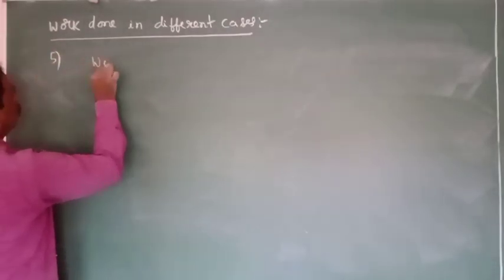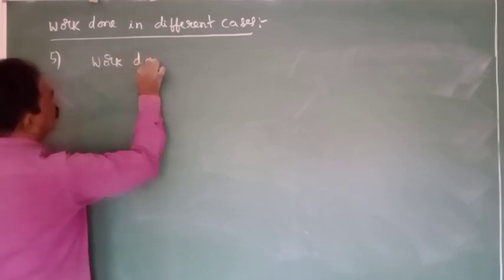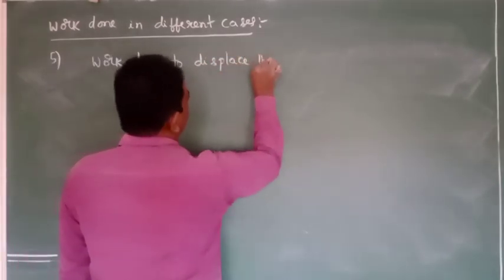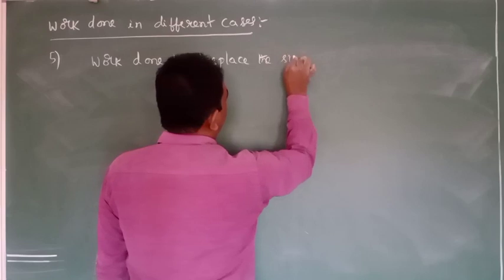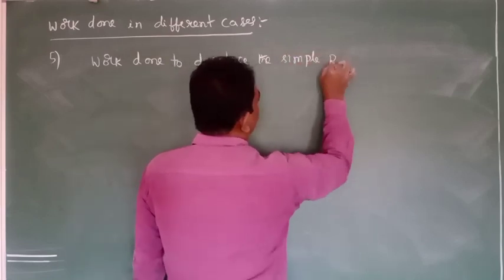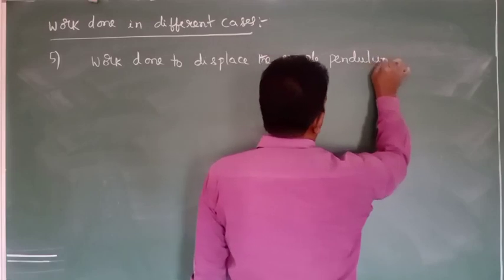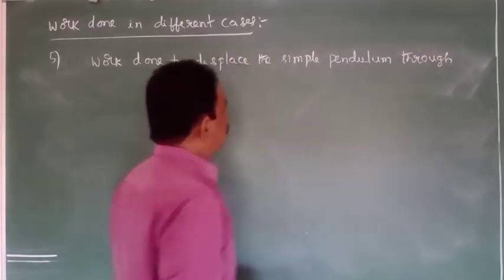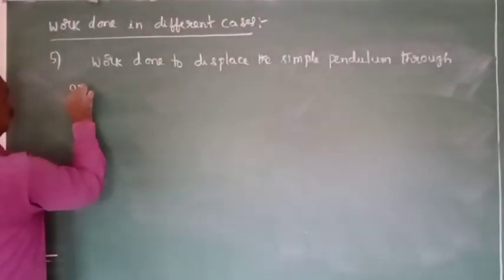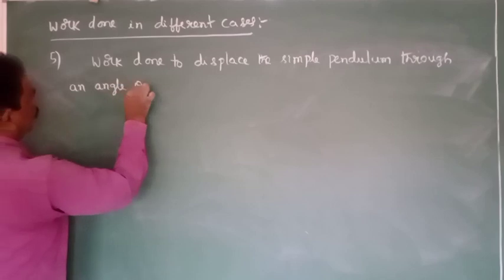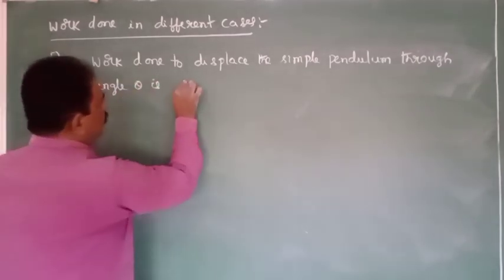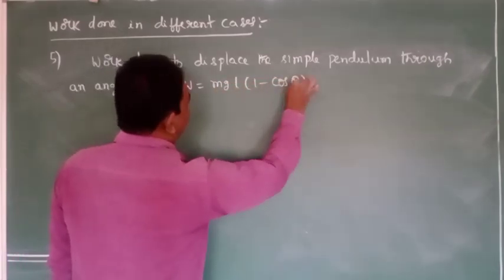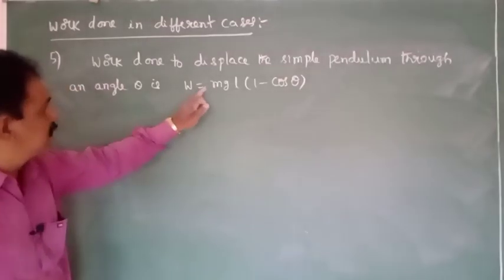Work done to displace the simple pendulum through an angle theta is W is equal to mgl into 1 minus cos theta.